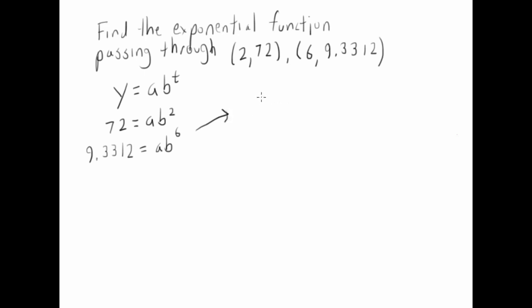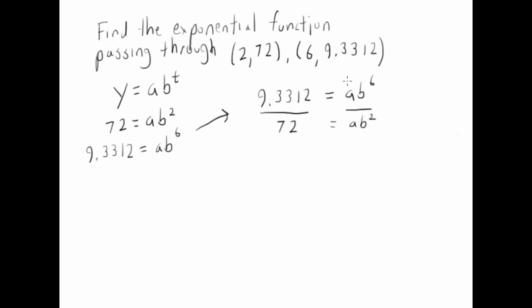I'm going to take these two equations and have 9.3312 equals a times b to the sixth. And I want to divide by the other equation. So I want to divide by 72 here, and I want to divide by a times b squared here. Now why do I want to do that?